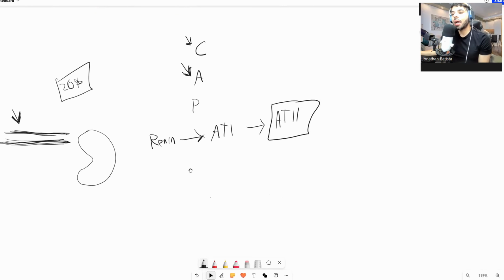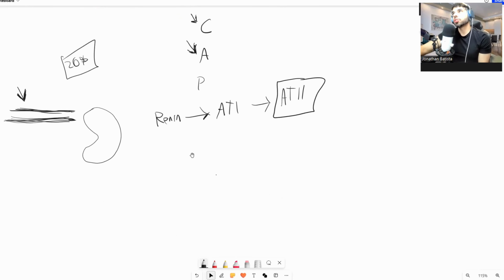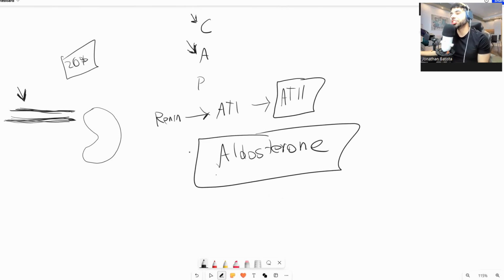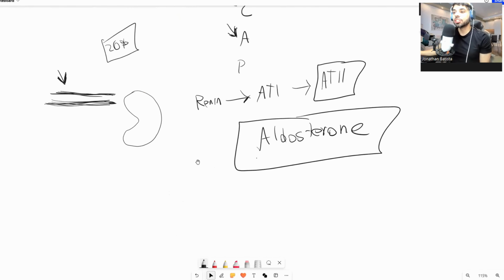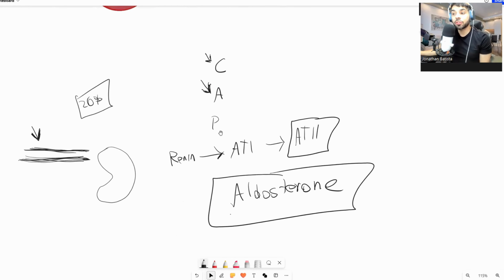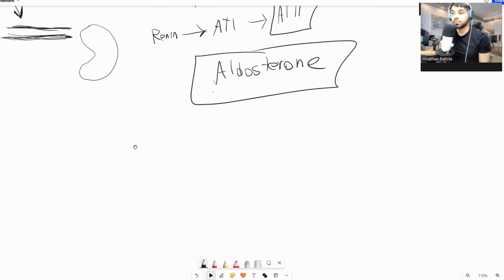But what would end up happening is that eventually you'll start to stimulate something called aldosterone. Aldosterone stimulation is achieved at this level, right? So now we've mentioned the C, the contractility, we mentioned the afterload, now we're on the preload part. So this is how we actually increase the volume. So let's look into it.